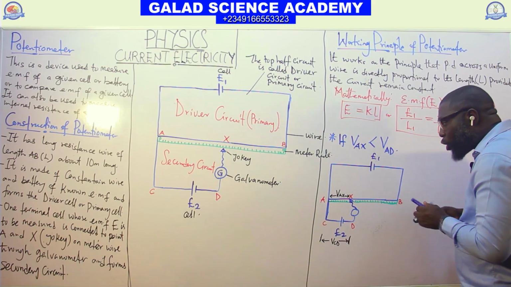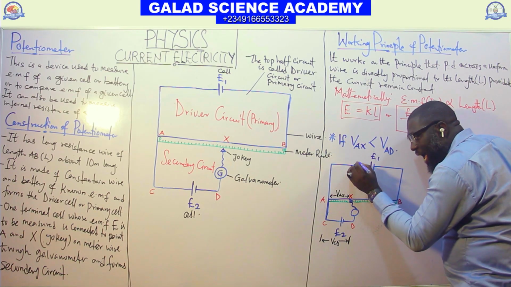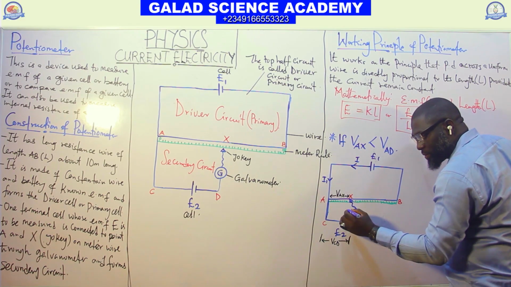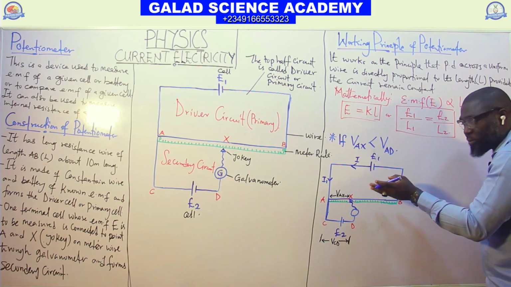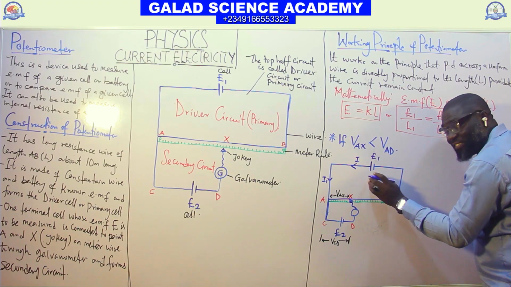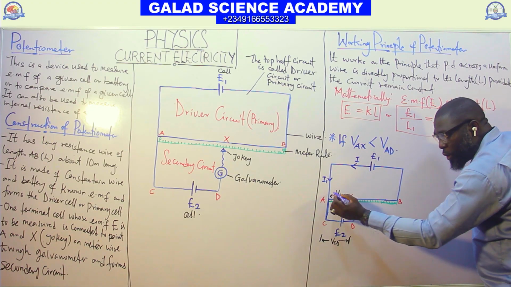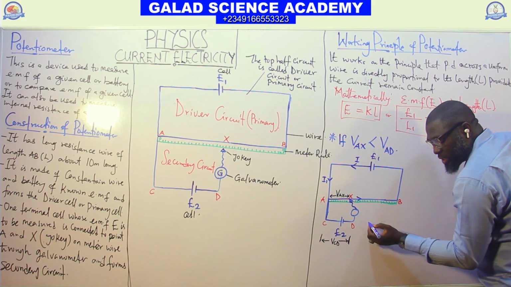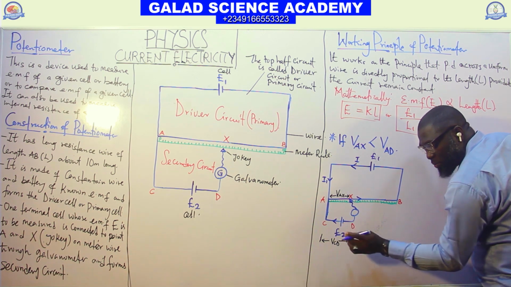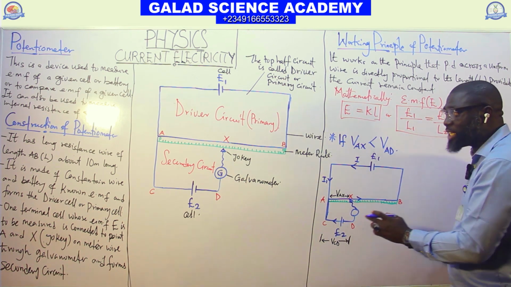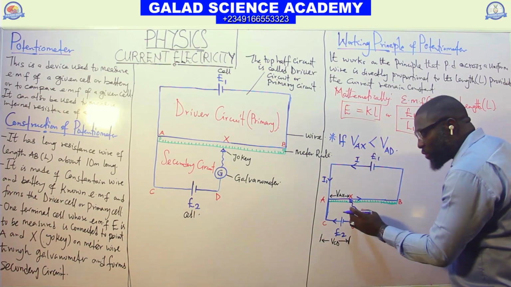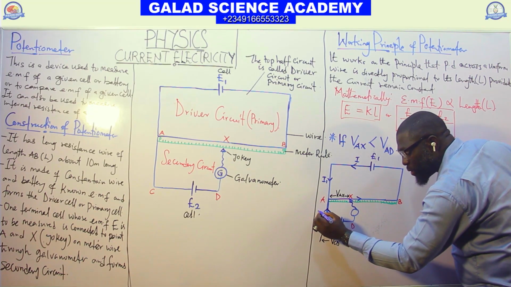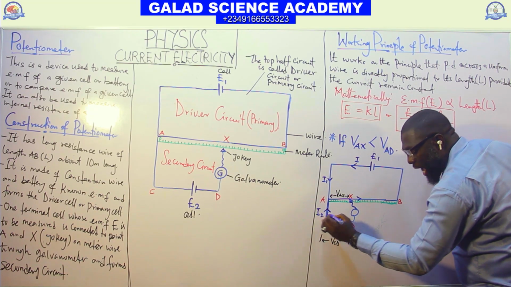The current coming from the driver circuit, I1, is going like this and moves to this point. The same thing, the current coming from the secondary cell, the secondary circuit, also moves here as current I2.